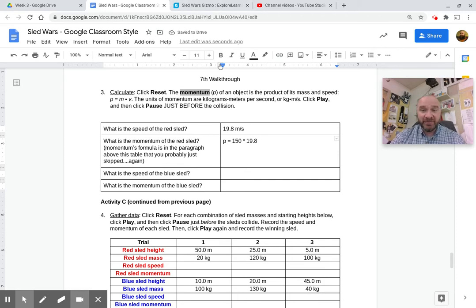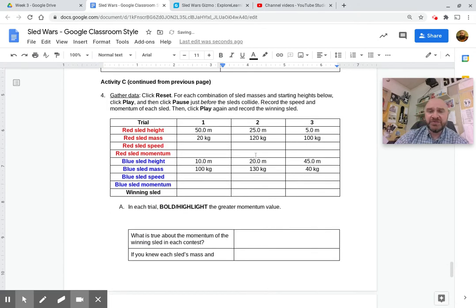And then you have to put in the label, kg·m/s. For the dot, I would use the asterisk. So whatever your answer is, kg·m/s is going to be its label. You are going to do the same thing for the blue sled and then the red sled. All right. Good.